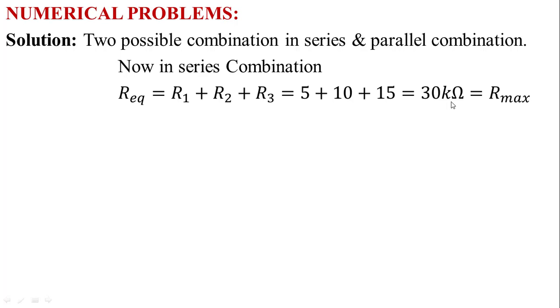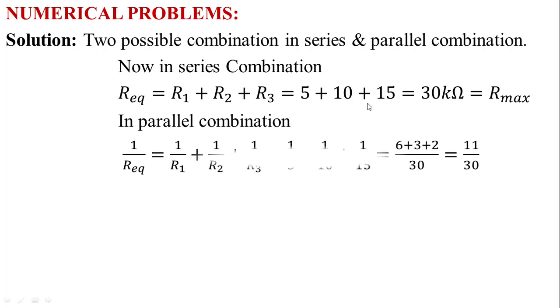Now in a parallel combination, 1 upon R eq is equal to 1 upon R1 plus 1 upon R2 plus 1 upon R3, which is equal to 1 upon 5 plus 1 upon 10 plus 1 upon 15.